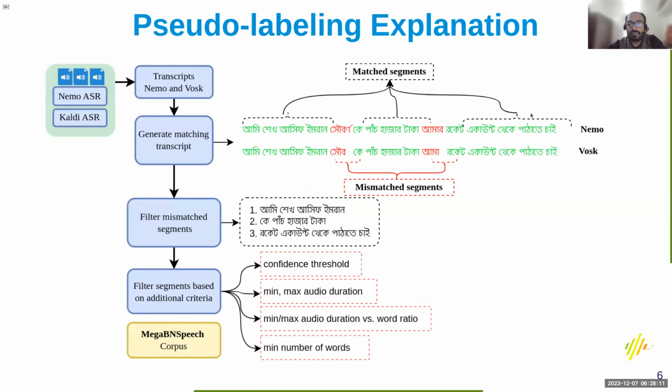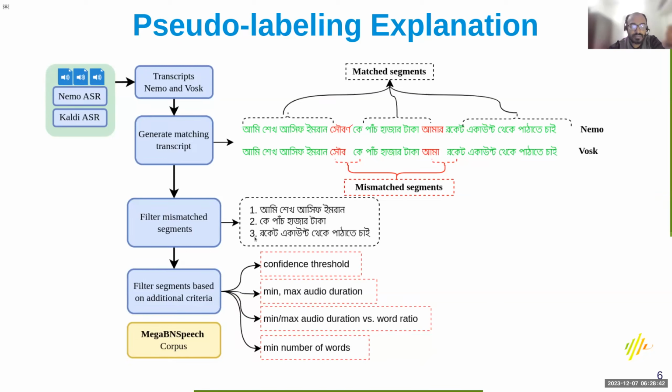There is an example. One output for a given audio is from NeMo and the other output is from the Kaldi model. We found that the red colored segments are discarded by the alignment function, and the common segments are taken for further processing.